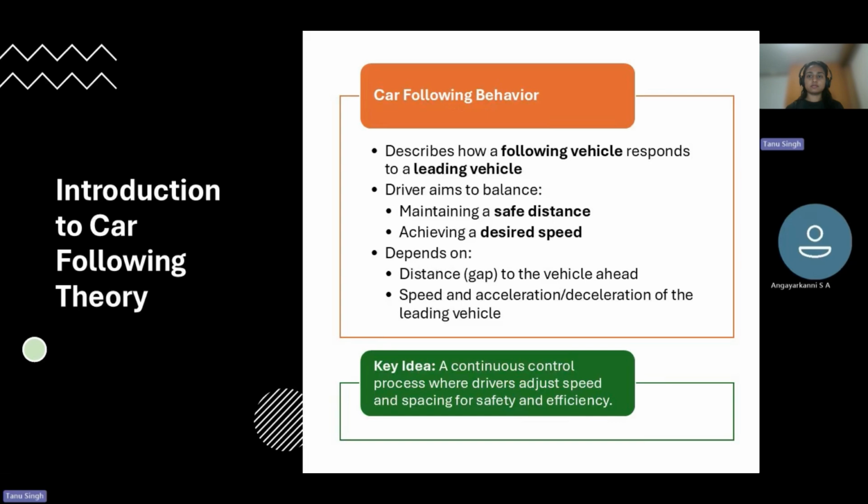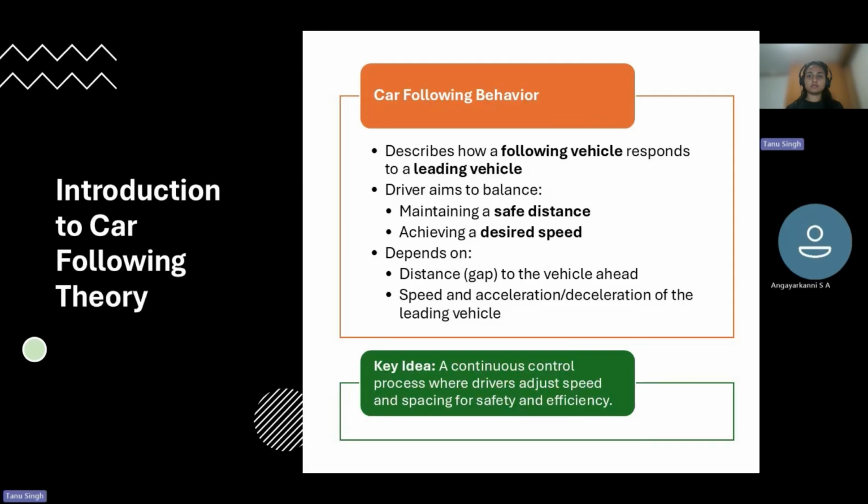Now, this behavior depends upon what the leading vehicle is doing. If the leading vehicle accelerates, the following vehicle may also accelerate, and if it slows down, the following vehicle must respond accordingly.